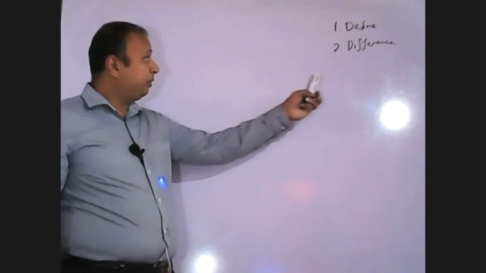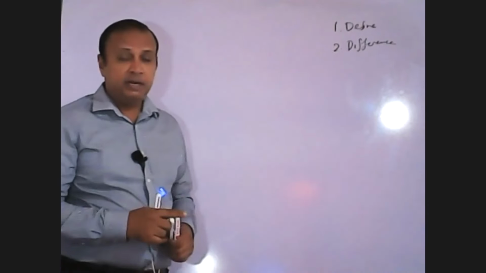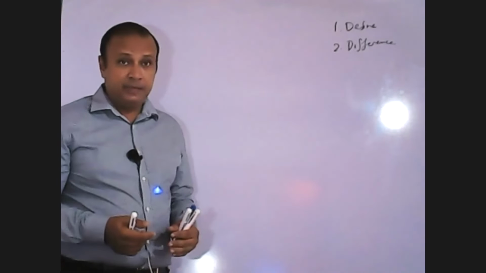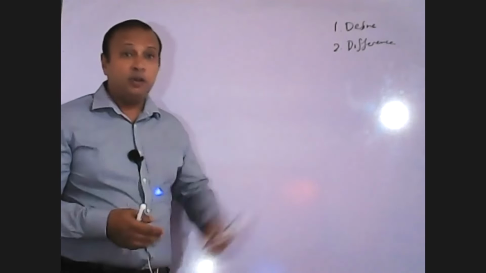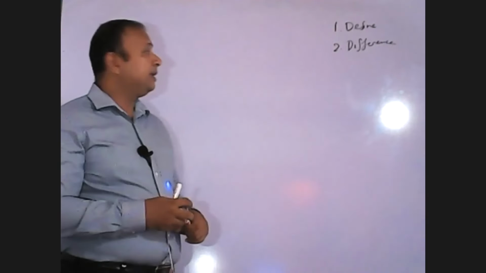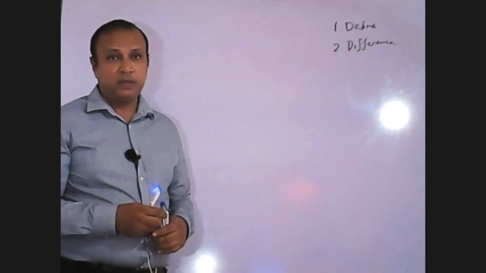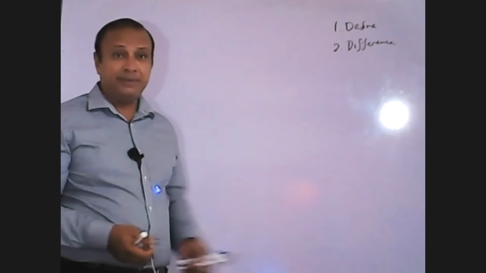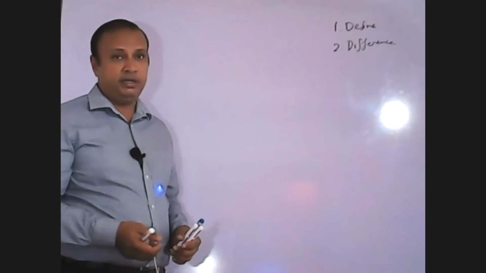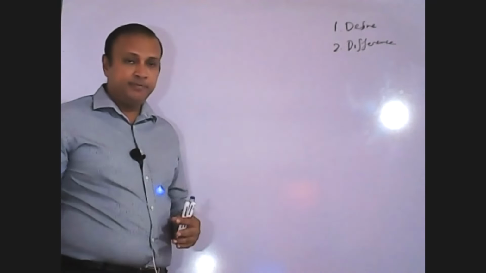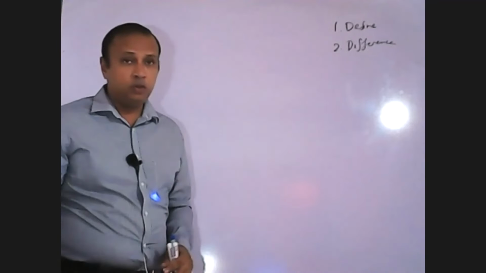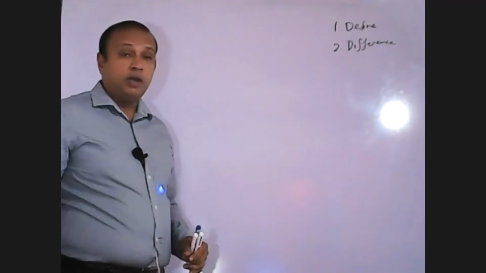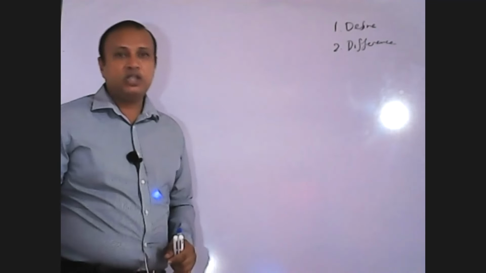In our previous discussion, I clearly mentioned that vector quantities cannot be mathematically added or subtracted, or operated on like scalar quantities. So we have to do some mathematical operation on vector quantities. In order to do that, the first thing we should do is represent the vector. So now we are going to discuss the representation of vector.